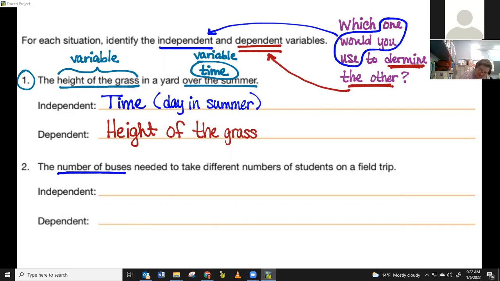Number of buses is one of our variables. What is the other variable? Number of students. Yes. So here's our 2 variables.